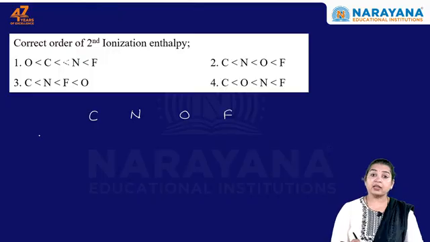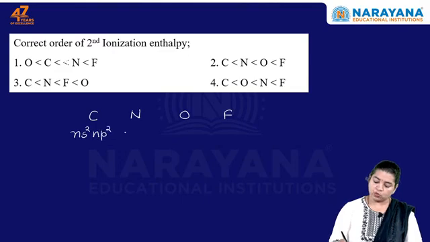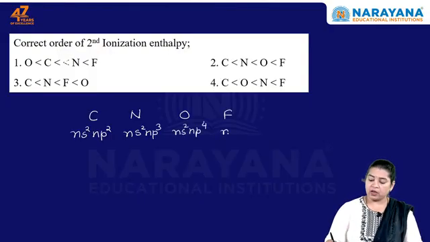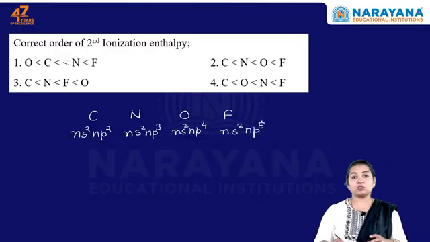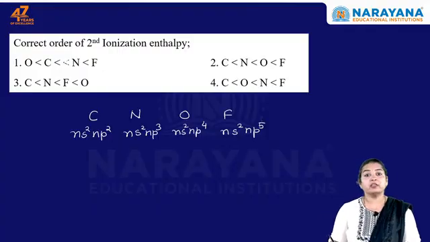If I write their ground state configuration, this is Ns2Np2. Nitrogen will be Ns2Np3, oxygen is Ns2Np4 and fluorine is Ns2Np5.